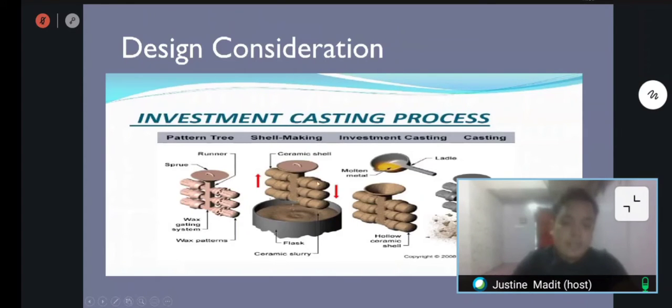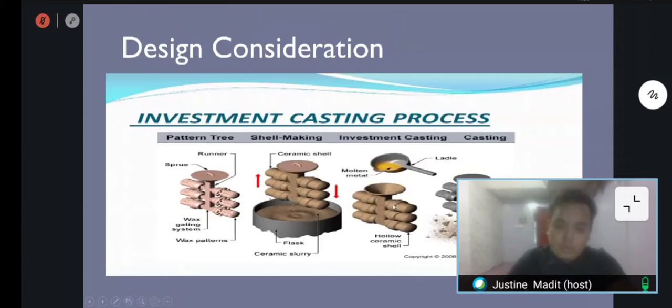And after that, shell making. Shell making is to protect the layer with ceramic slurry. After we shield it with this, we put the molten metal up here, where the molten metal will go through the gating system, through the runner gating system.